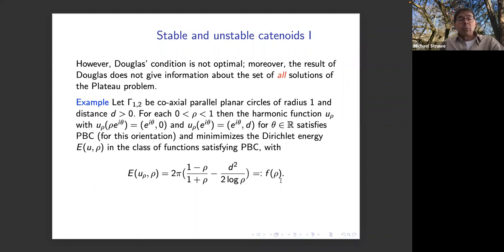And let's abbreviate this function as f of rho. And you see here two things. For d equals 0, the second term vanishes. And you see that when rho is equal to 0, you simply have the value 2 pi, which is the sum of the areas of the two disk type surfaces.